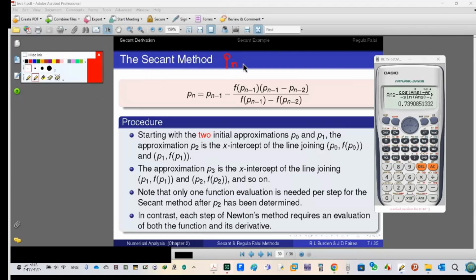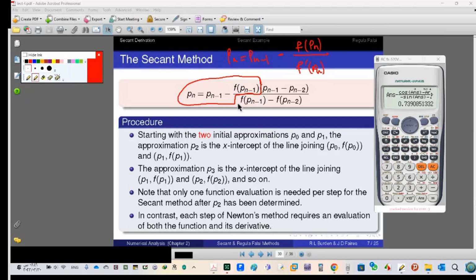Newton says Pn equals Pn minus 1 minus f of Pn minus 1 over f prime of Pn minus 1.